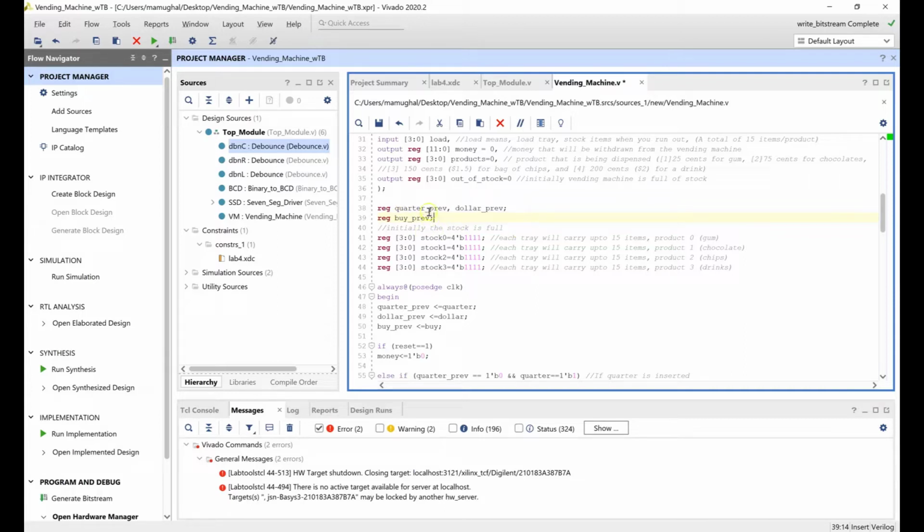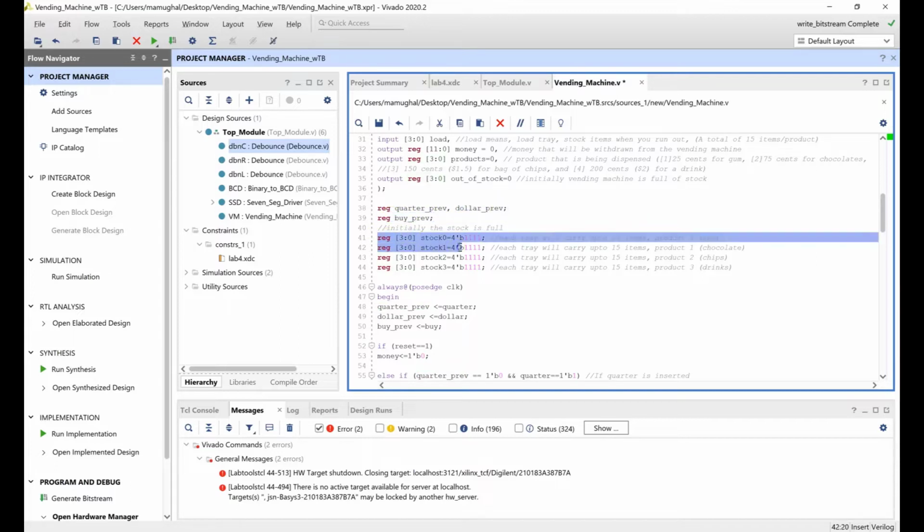For example, if you insert a quarter, then the quarter previous will carry 25 cents, and the next time you insert another quarter, that 25 cents will be added to the value in there. Because we had inserted 25 cents earlier, the new value stored in quarter previous will be 50 cents. If you add another 25 cents, it becomes 75 cents. Same thing with dollar, and then also the buy previous.